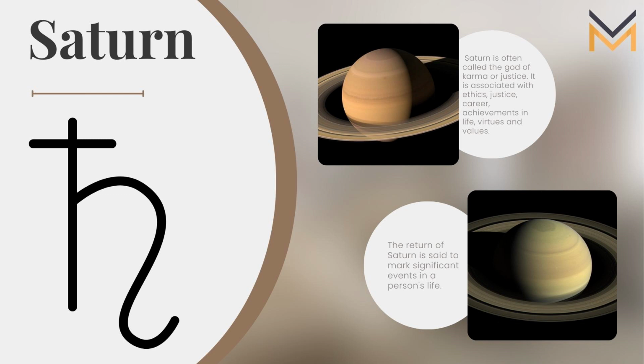Let's start with the first planet that we're going to identify, which is Saturn, the most distant planetary sphere from Earth. This is the planetary glyph of Saturn. If you look at it, it almost looks like a cross on the top, bearing a crescent moon beneath it, right?